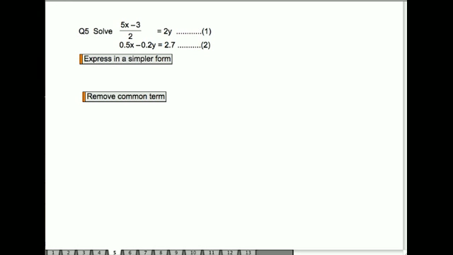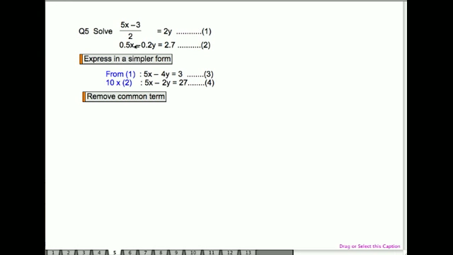In question 5, we have a simultaneous equation. The expression is not in an easy format, so we need to express it in a simpler form. From equation 1, we multiply by 2 to give us 4y and rearrange it such that 5x minus 4y equals to 3.